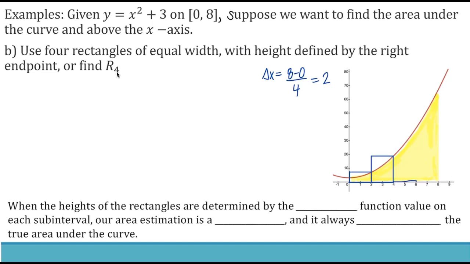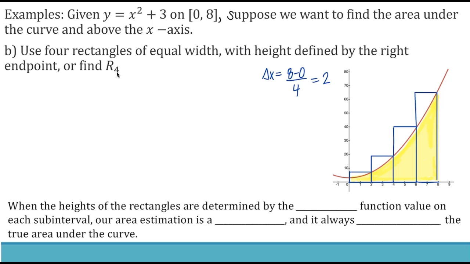Then the interval from 4 to 6 on the x-axis. 6 is the right side of that interval, so that will define the height over that interval from 4 to 6. And finally, from 6 to 8, the right side will define the height, which would be that 8, over that interval from 6 to 8.